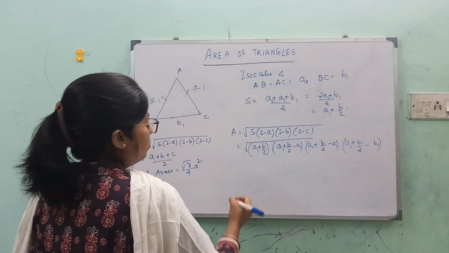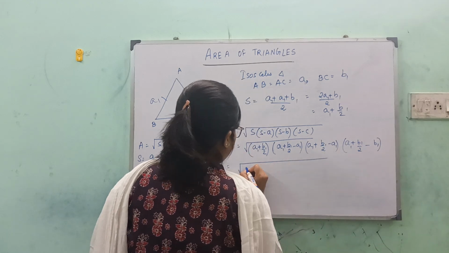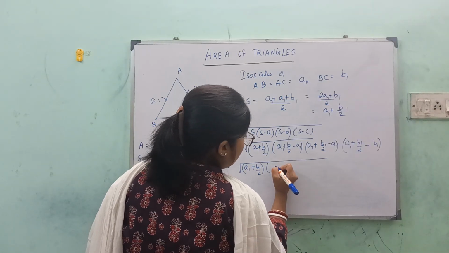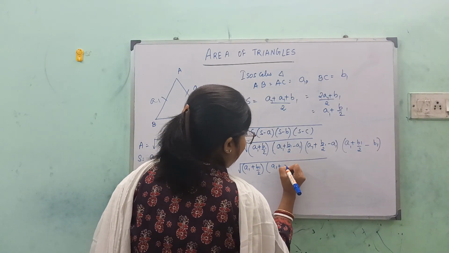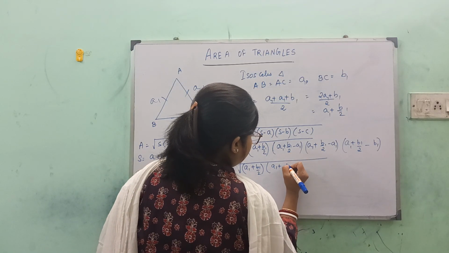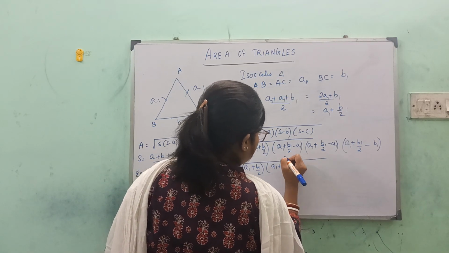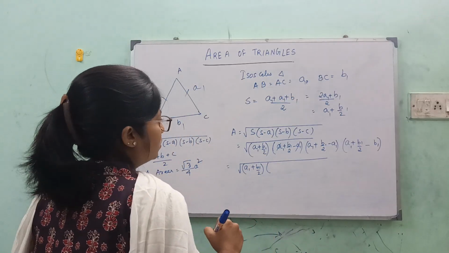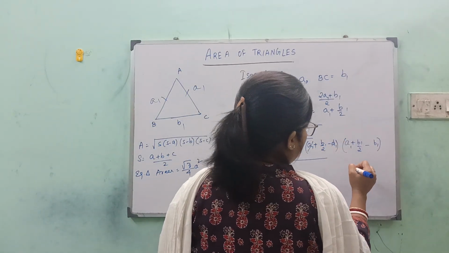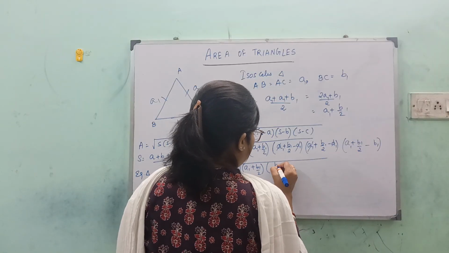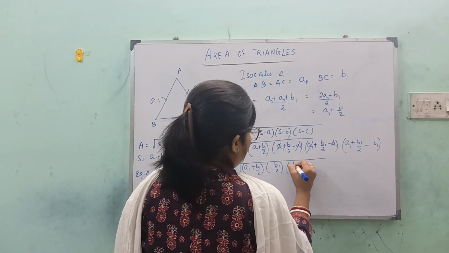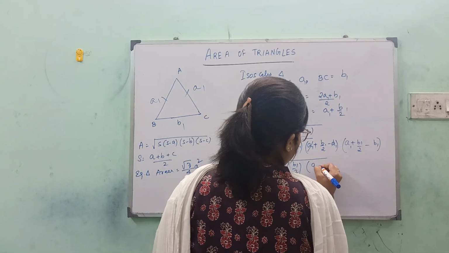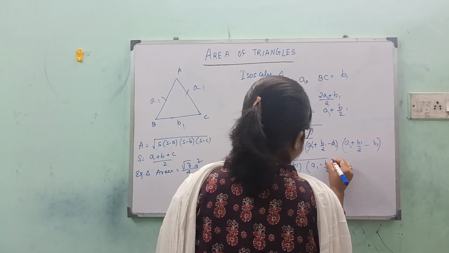Now when you are simplifying this, what do we get? a1 plus b1 by 2 into a1 plus b1 by 2 minus a1, so this is cancelled, and here we get b1 by 2, b1 by 2, and here it is a1 minus b1 by 2.